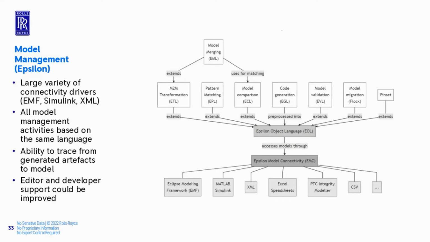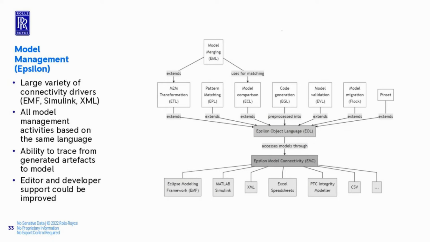Epsilon supports many different modeling types, so you have support for the Eclipse Modelling Framework, Simulink, and XML via the Epsilon connectivity layer, which means you can access and perform model management activities on many different model types using the same language and same family of tools.